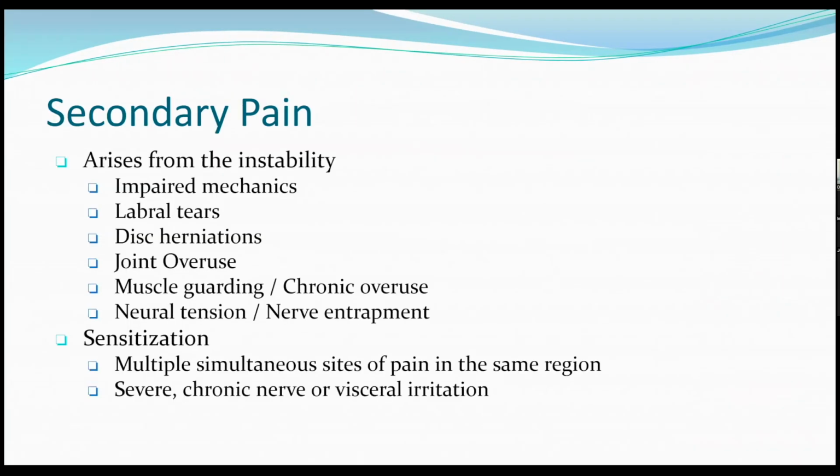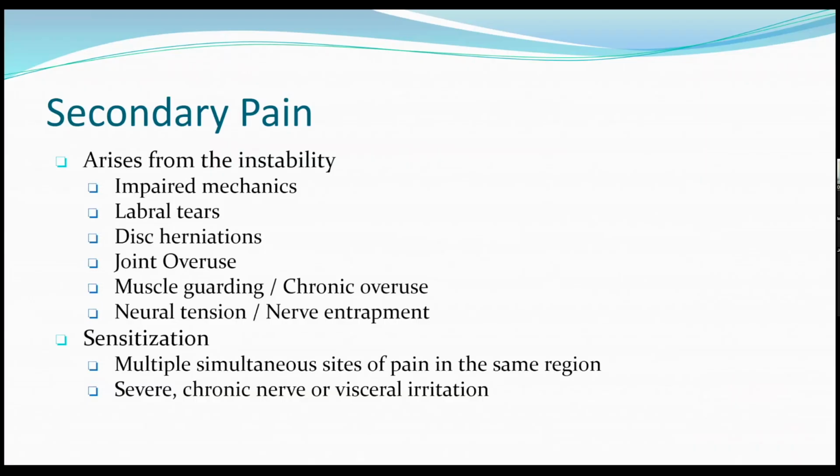Then once we identify primary pain, we want to think about secondary pain. Secondary pain arising from the instability can come about ultimately from impaired mechanics. Obviously, if something is not moving properly, you're not able to use it the way it's ideally designed or evolved to be used, and as a result, you'll misuse it.